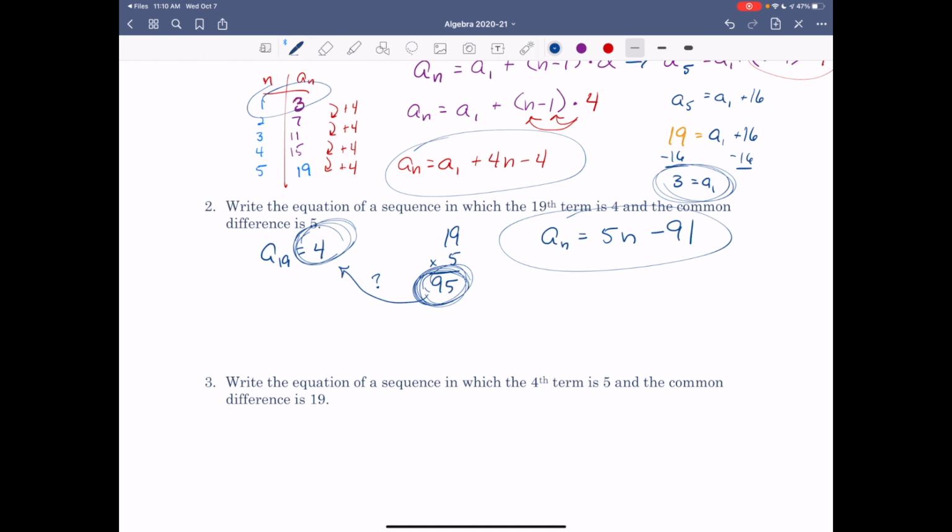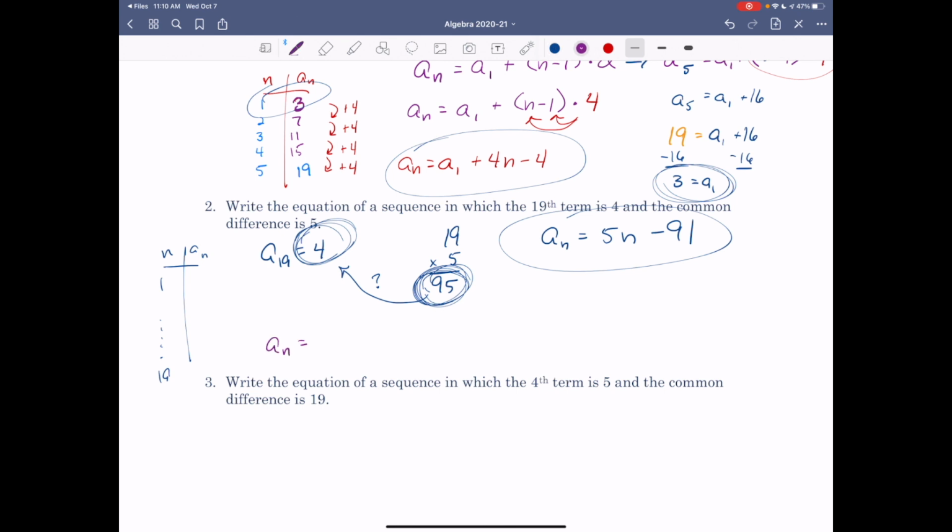So, okay, Gray, your method works great. For the rest of us, we are probably not going to want to make a table where we go all the way from the 19th term back to the first term. That's going to take a long time, right? So again, that's where the explicit definition comes into play.